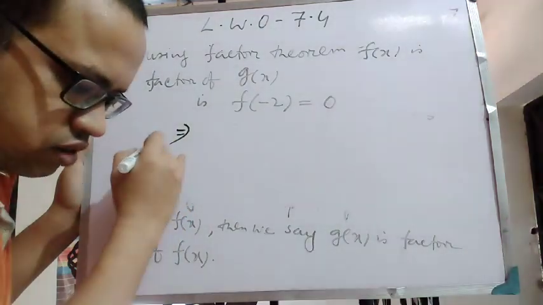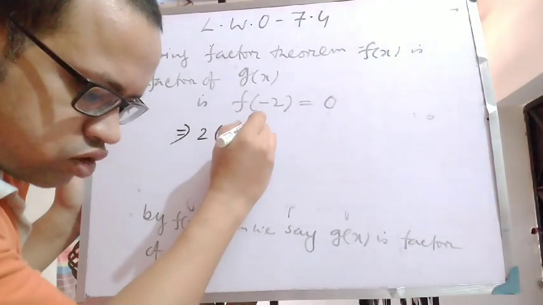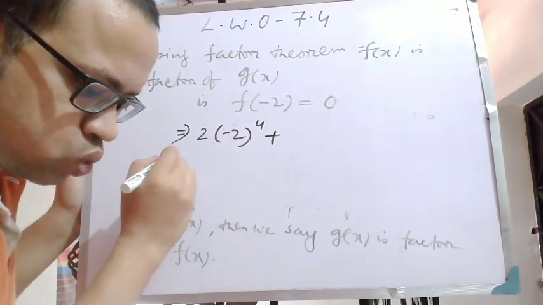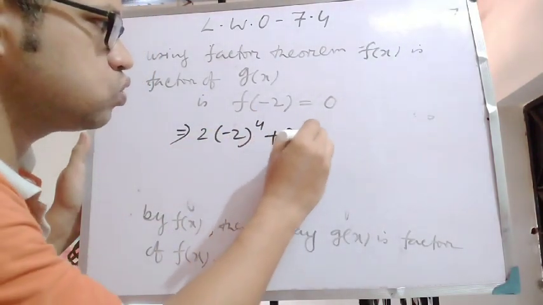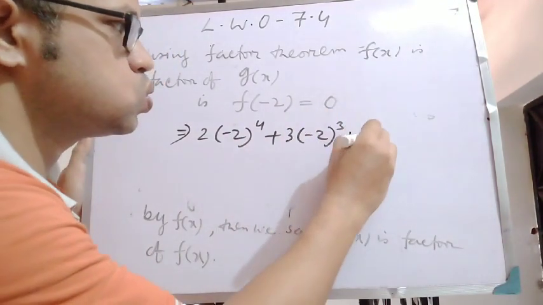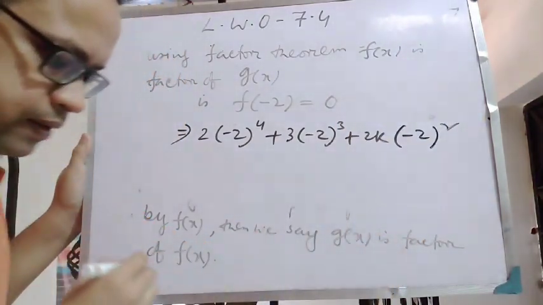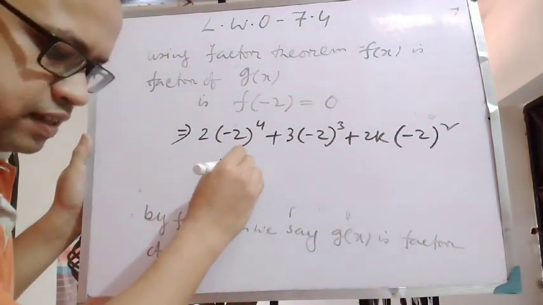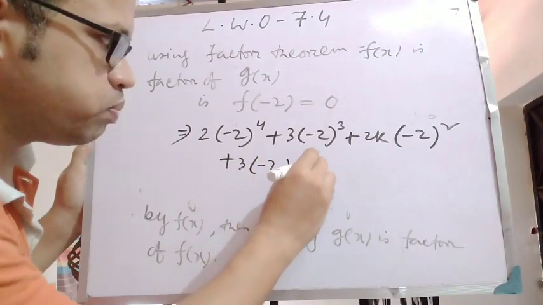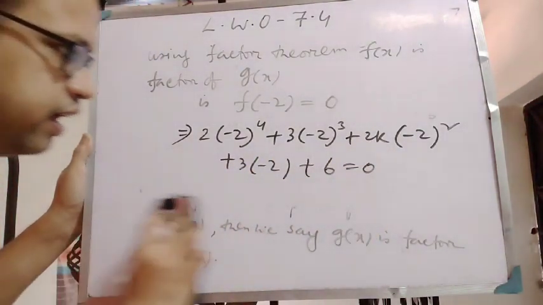So that implies 2 into (-2)^4 plus 3 into (-2)^3 plus 2k into (-2)^2 plus 3 into (-2) plus 6 equals 0. I have substituted the value. Now solve for k.